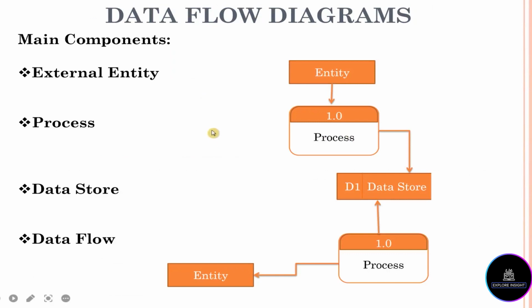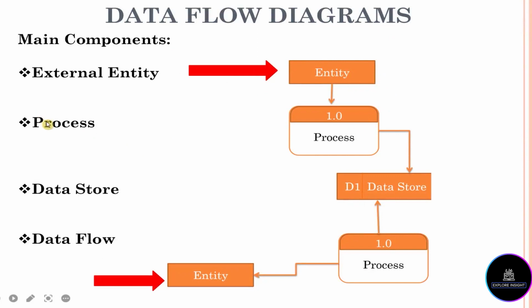Now let's see through the main components. Data flow diagram has 4 components. 1, the external entity. So in this diagram, you can see 2 entities. Next is the process.